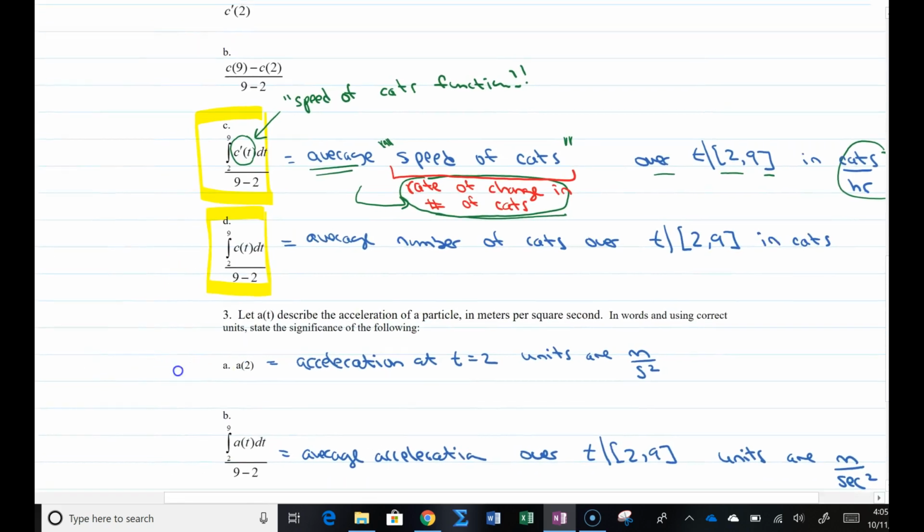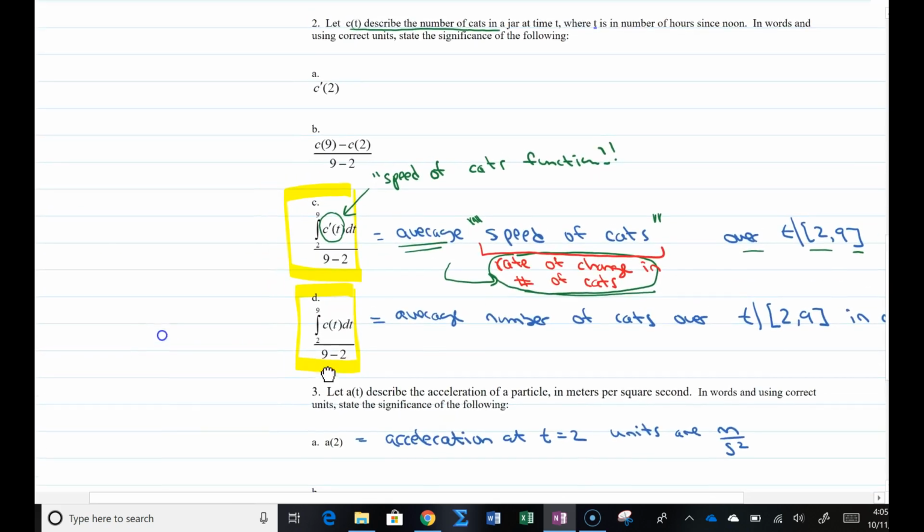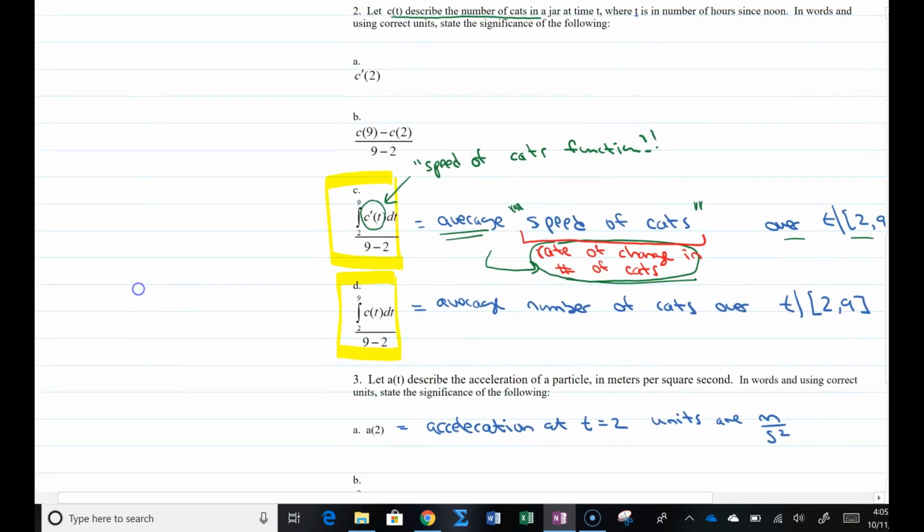Let's check the last one. This last one was a pretty funny exercise. So if c of t, and I'm going to kind of quote Oliver here, c of t is number of cats, right? That means the units of c prime of t would be number of cats per hour.